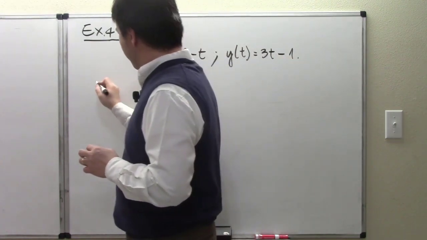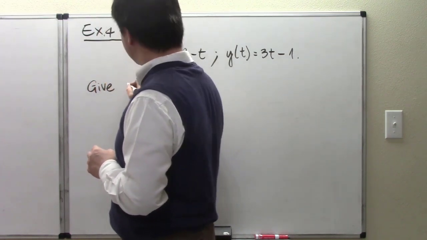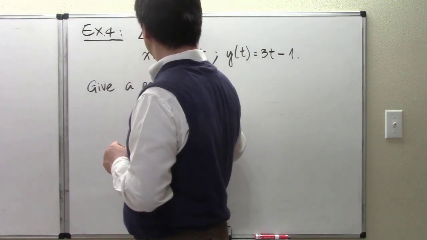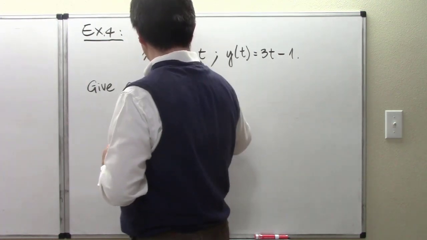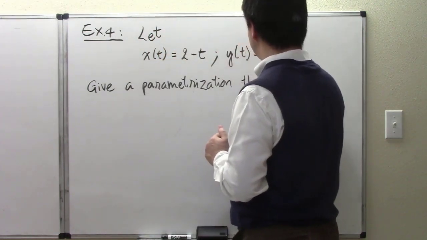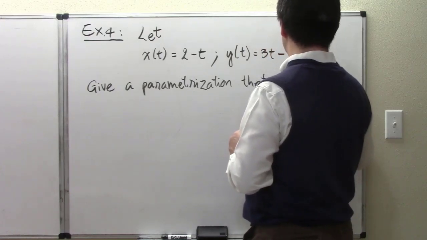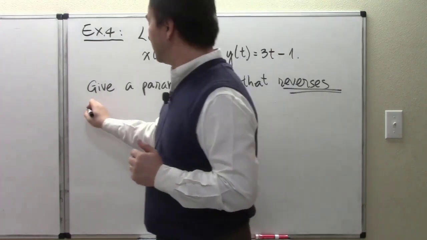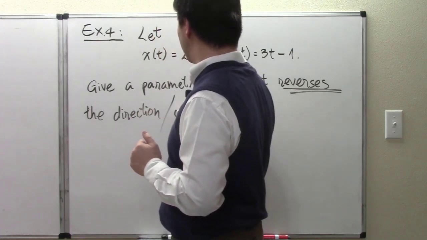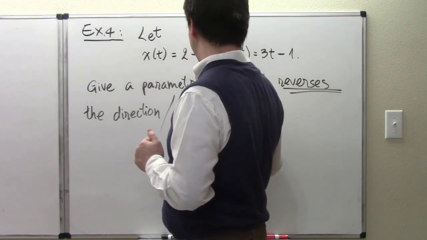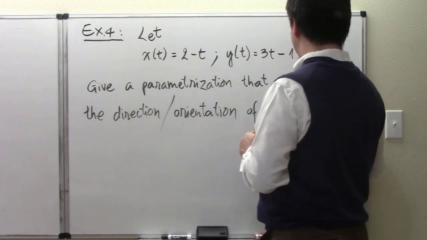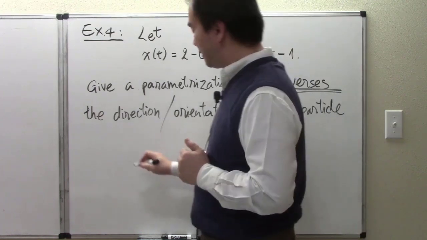Okay, so we want to give a parameterization that reverses the direction, or if it's a loop, the orientation, of the particle on the path.